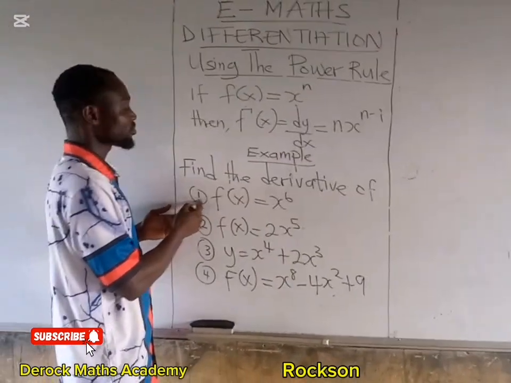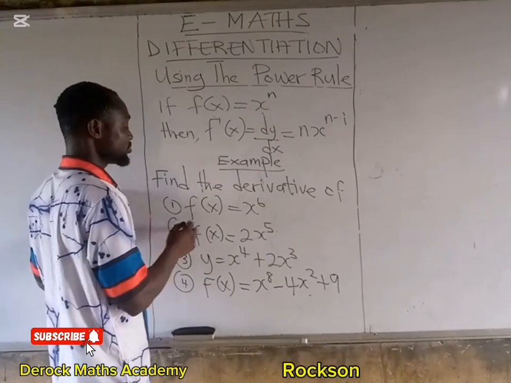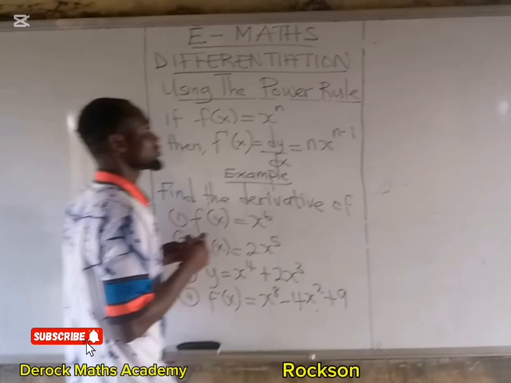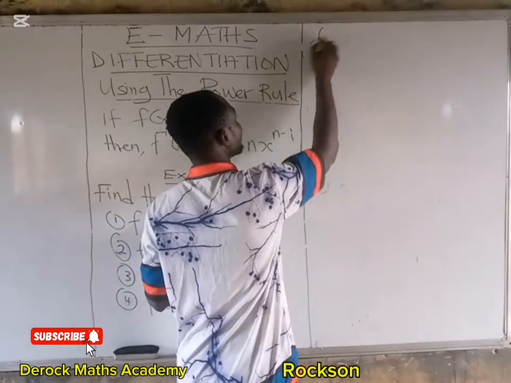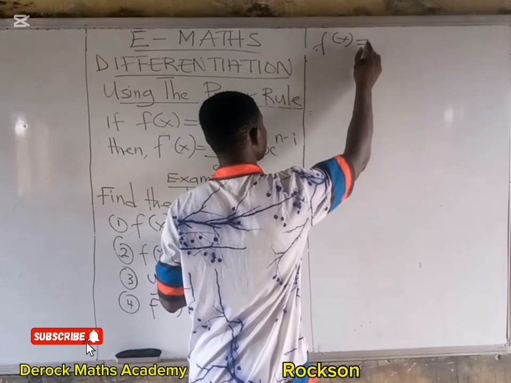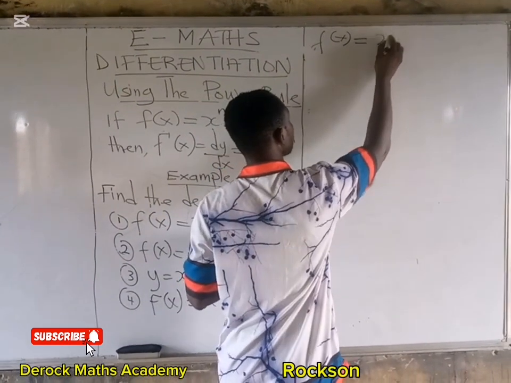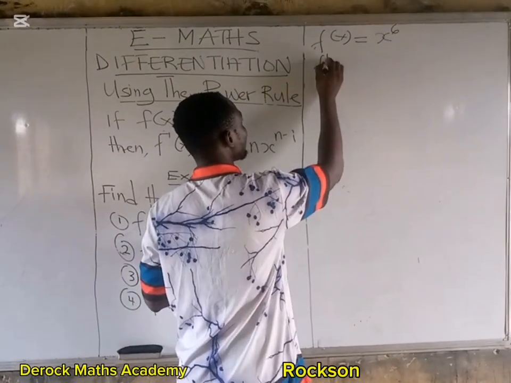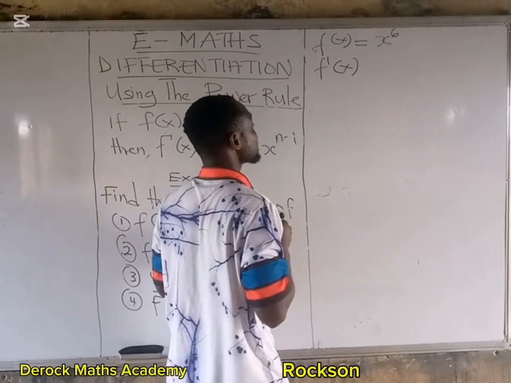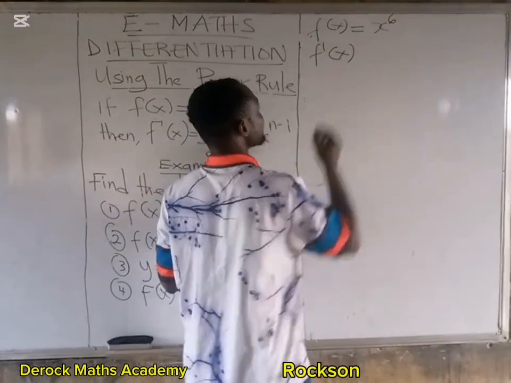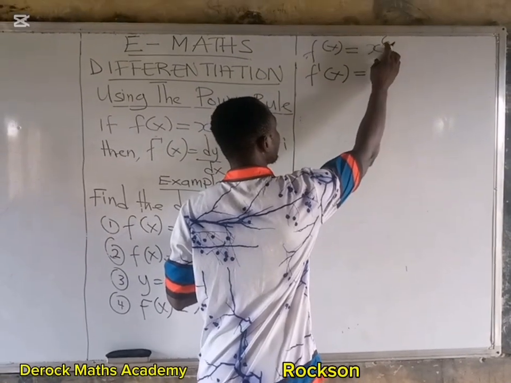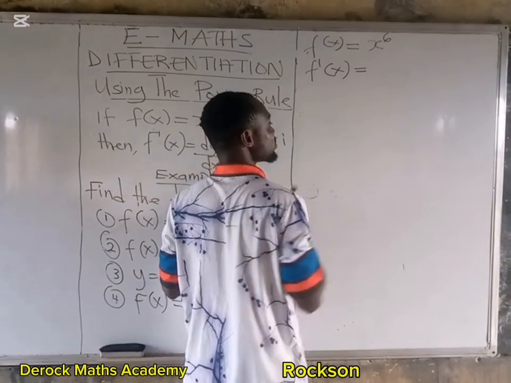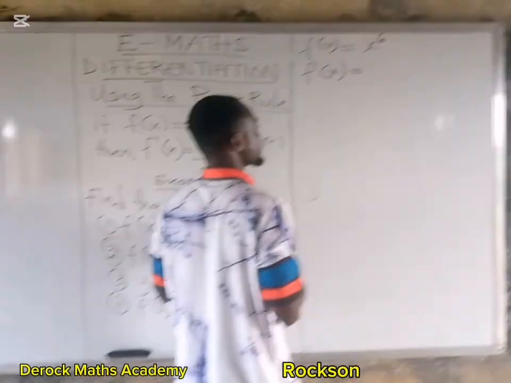Example 1. Find the derivative of a function f of s equal to s to the power 6. So I have f of s equal to s to the power 6. So to find the derivative of this function, such as f prime of x, the rule is you bring the exponent to the front of the variable x.